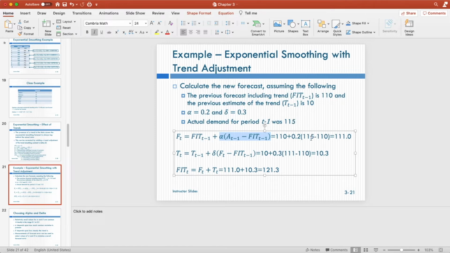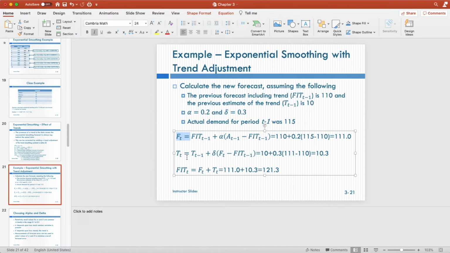That's why here this is 115, minus the forecast after integrating the trend in period t minus 1, which is 110 again. So you just plug in all these numbers correctly, and then you get a result, which is 111. So 111 represents Ft. What does Ft mean? It is the forecast before you incorporate the trend effect in period t.